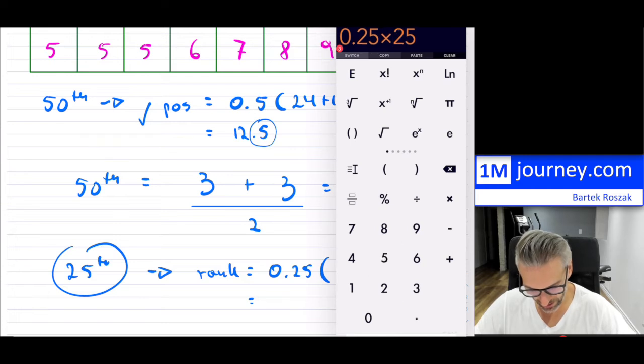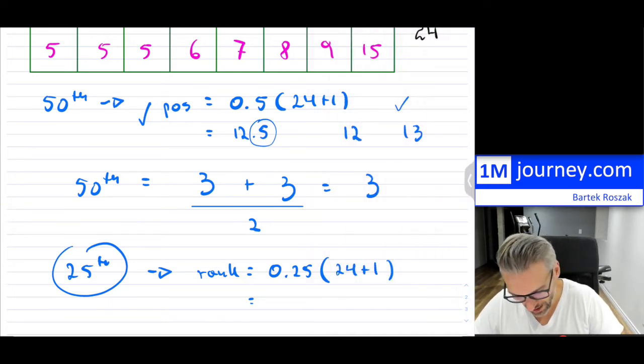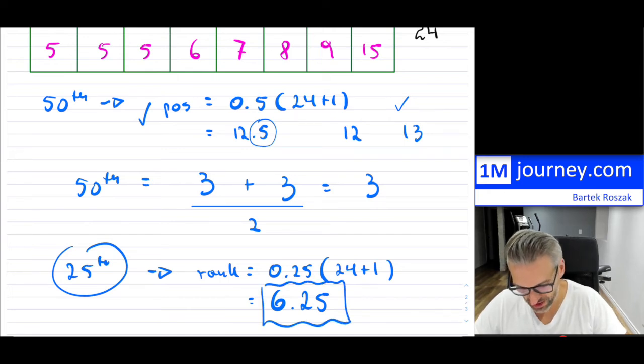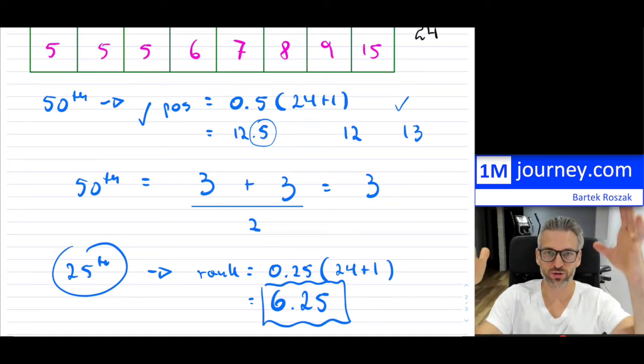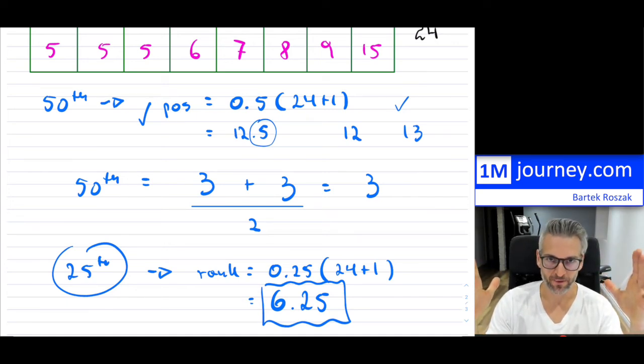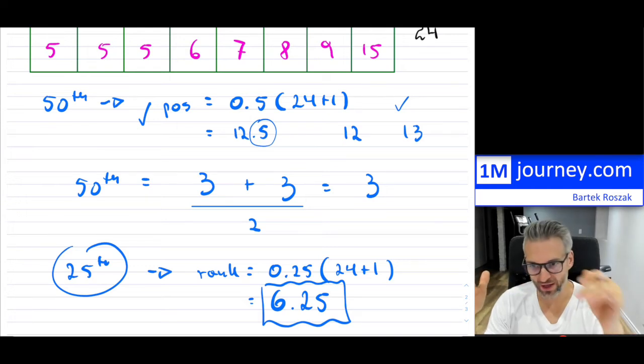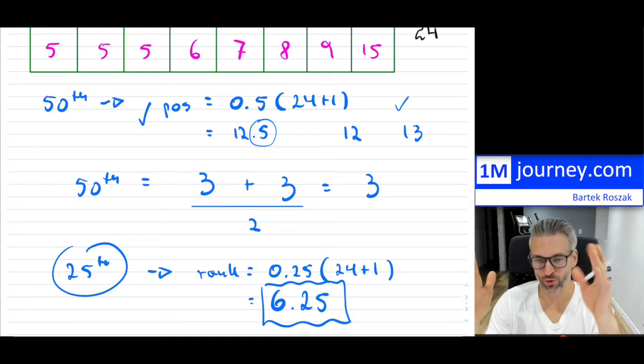Times 25, indeed, it's 6.25. And notice that is the rank or position that I'm looking for. It's not 6.5 as I had if I only took half of the data and then found the first quartile number.